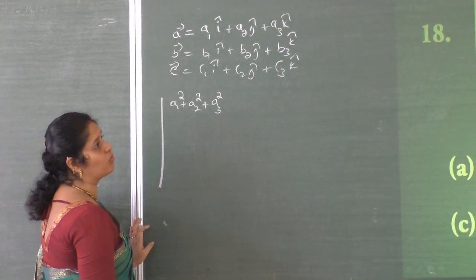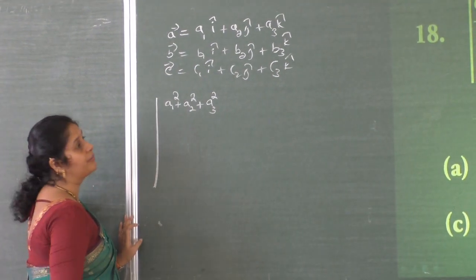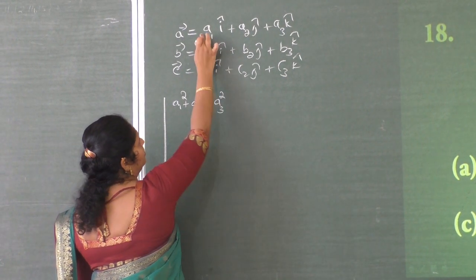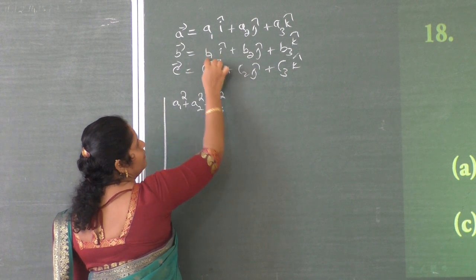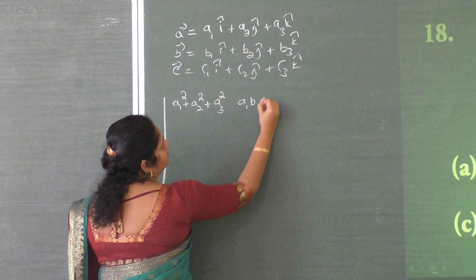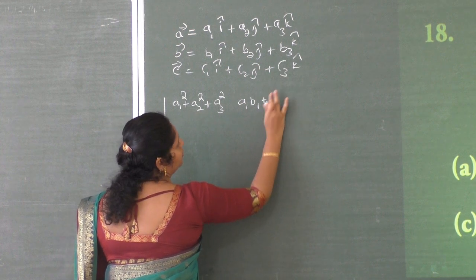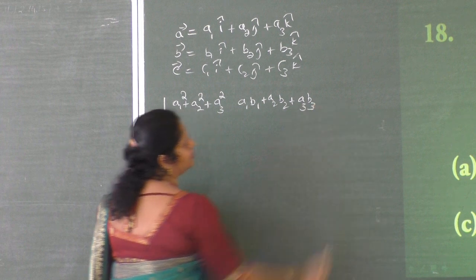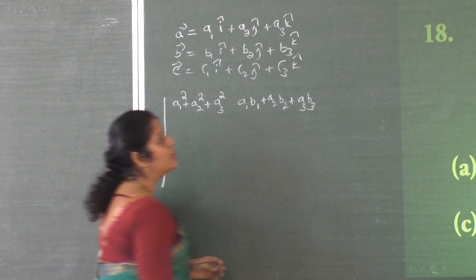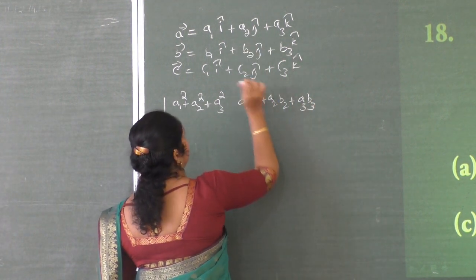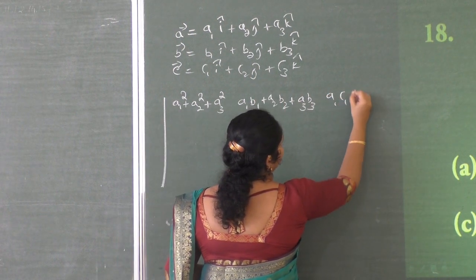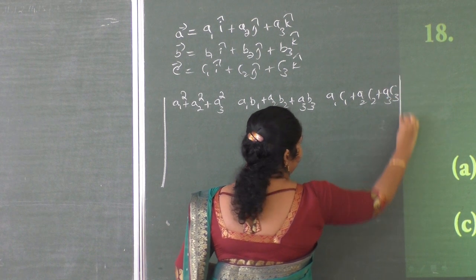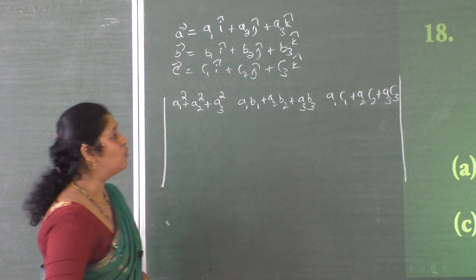That is vector A dot vector A, first element. Then vector A dot vector B, that is A1 B1 plus A2 B2 plus A3 B3. Then vector A dot vector C, A1 C1 plus A2 C2 plus A3 C3. That is about the first row.